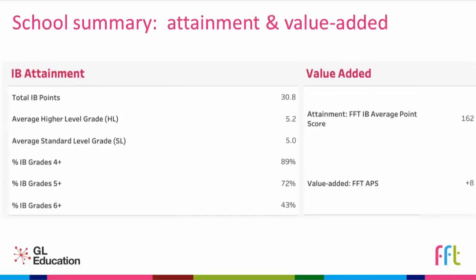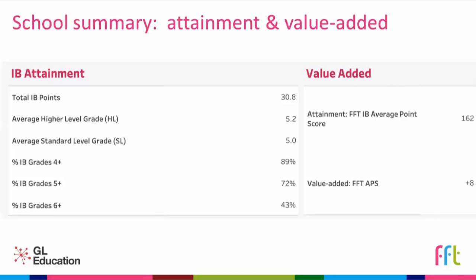We then look at the overall attainment for the IB diploma and value added. So we show the total IB points. So this is the IB points that you'll be familiar with, that is the raw IB points score for the diploma. So in this school, that cohort had an average IB points score of 30.8.